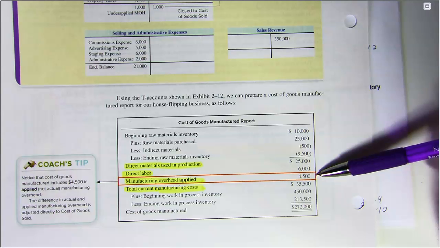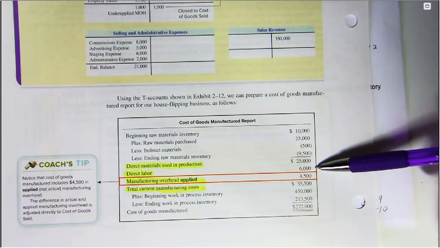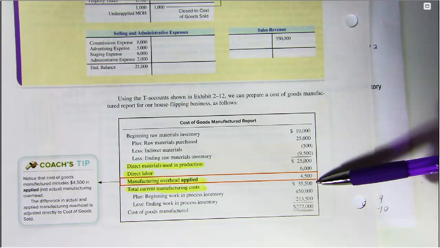That shouldn't be a problem isolating that as well. So if we add our direct materials used in production of $25,000 plus our direct labor, $6,000, plus manufacturing overhead applied, $4,500, that gives us the total current manufacturing costs.